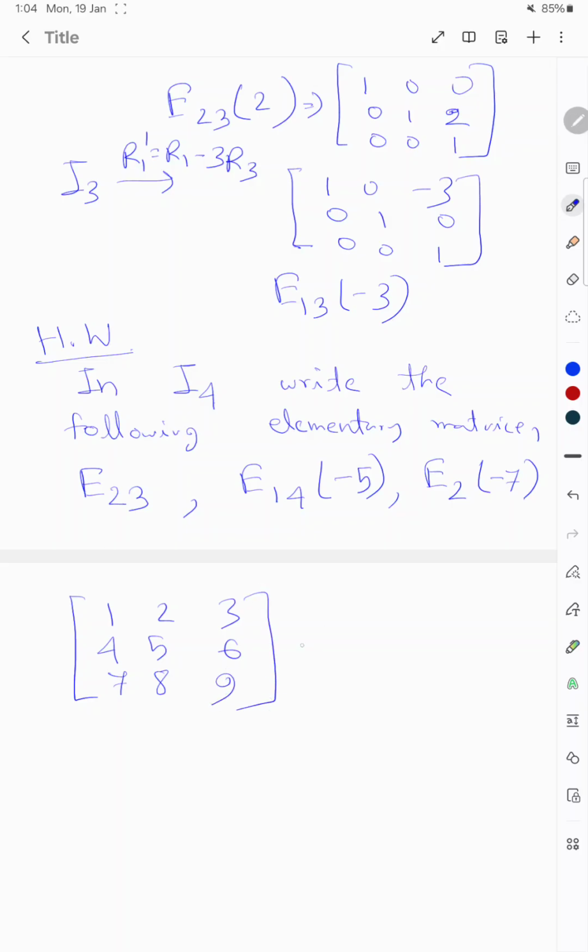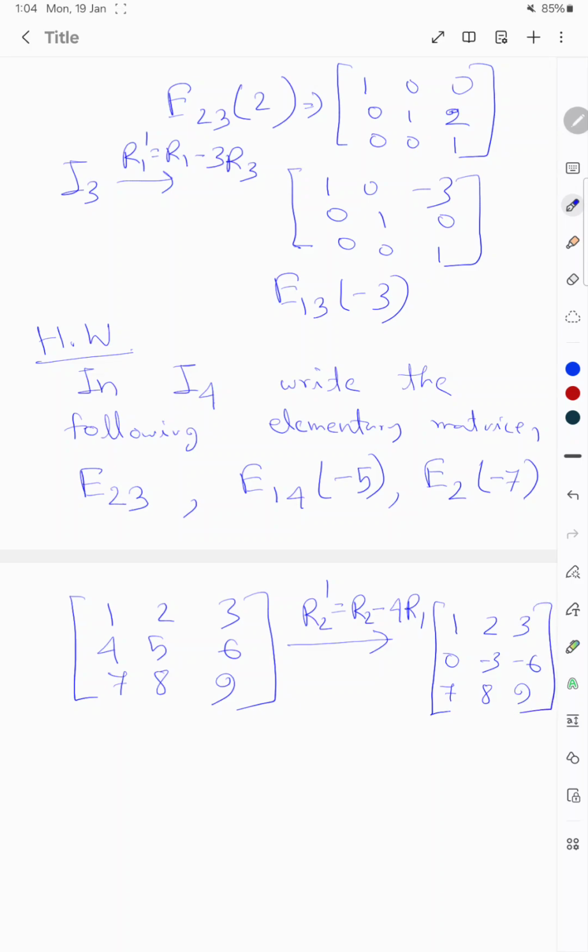Suppose you are doing the operation R2 dash equal to R2 minus 4R1. Okay, so what will you get? 1 2 3, then 4 minus 4 is 0, 5 minus 8 is minus 3, 6 minus 12 is minus 6, then 7 8 9, like that, right?